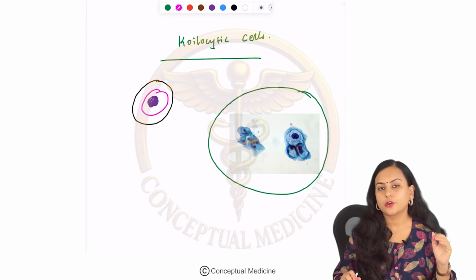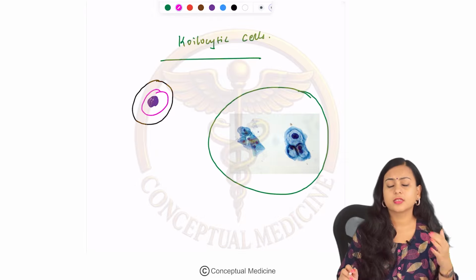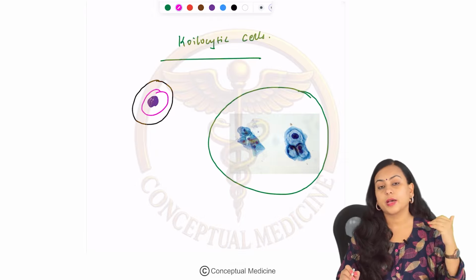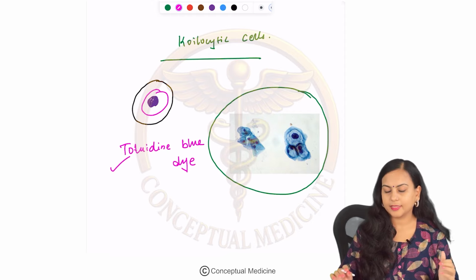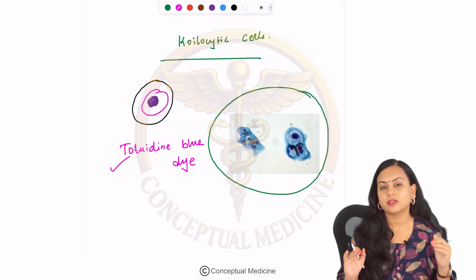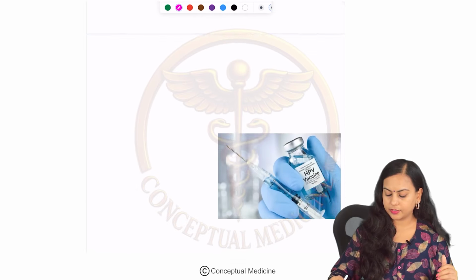These are blue in color because they are checked by colposcopy after staining with toluidine blue dye. These are pathognomonic, or characteristic, cell types produced by human papilloma virus.